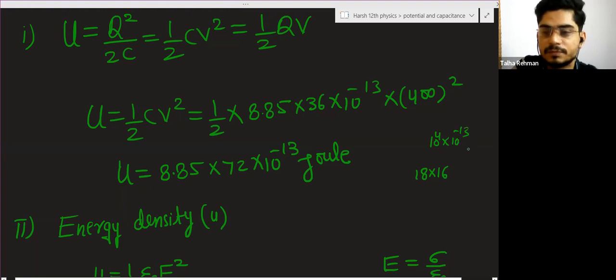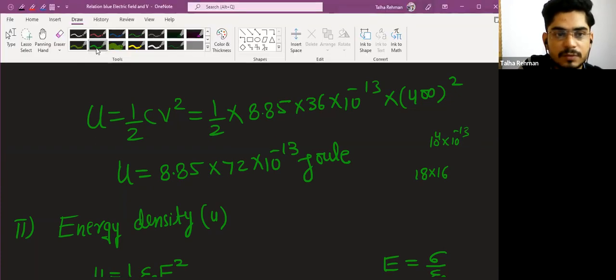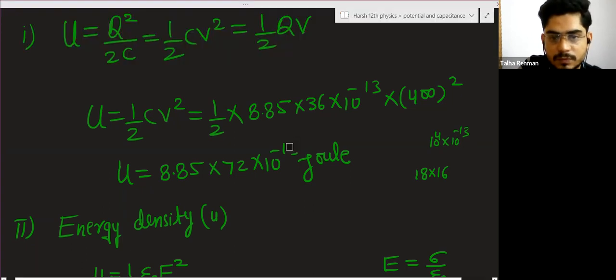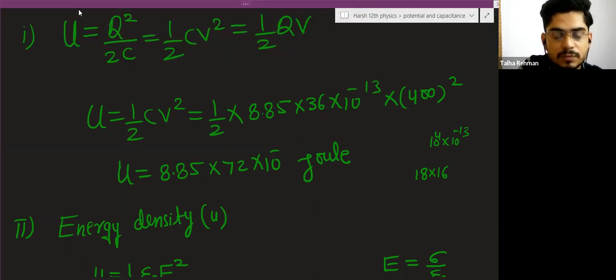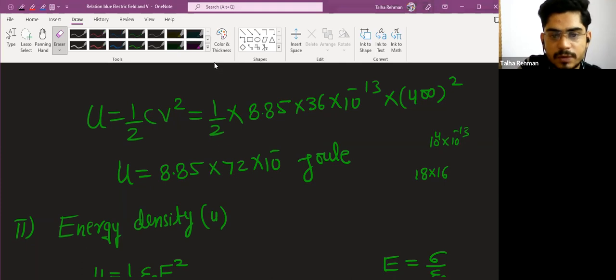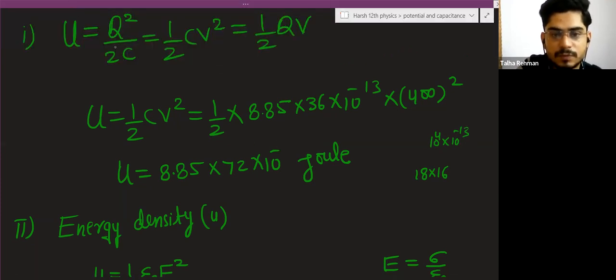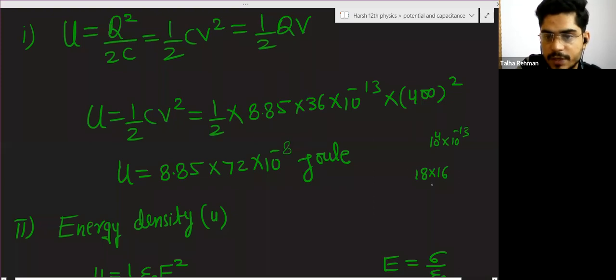So we get 10 to the power minus 8 here. And this will be 18 into 16, so this will become 288.